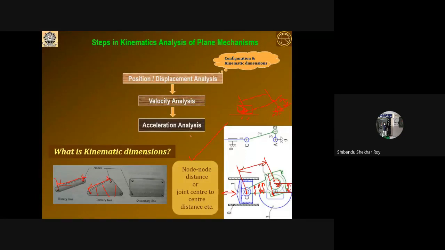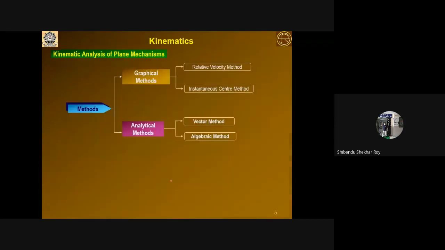So the kinematic dimension is the node to node distance. That should be your input for the position or displacement analysis. Based on that, you draw the space diagram. This is called the kinematic diagram, or you can say the space diagram. Clear?